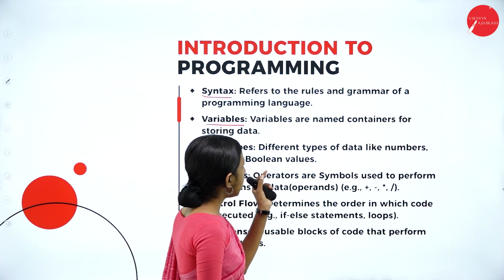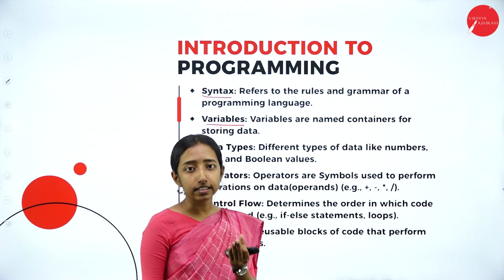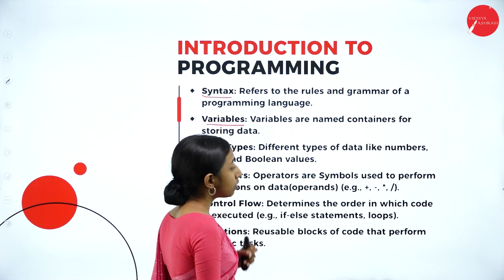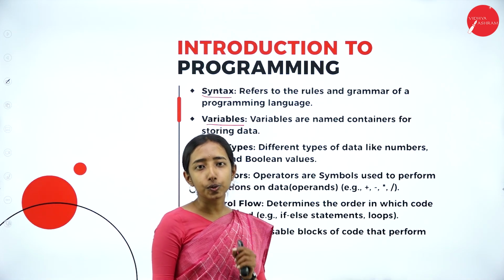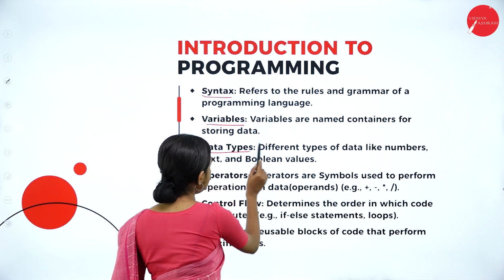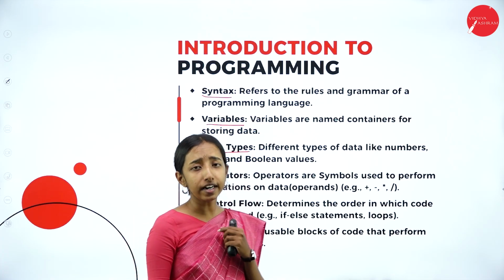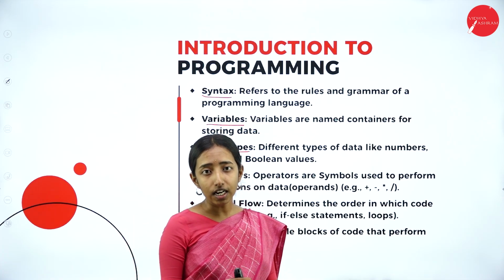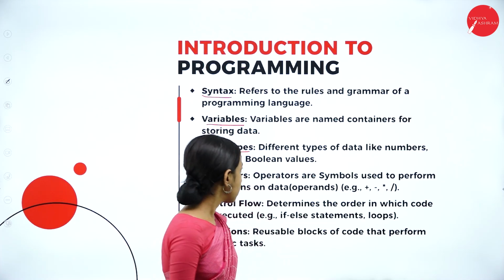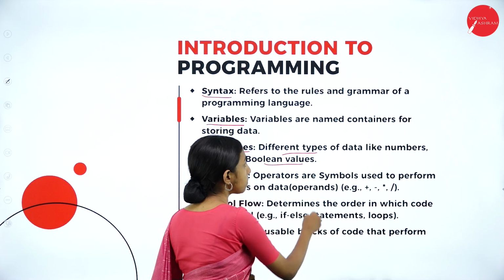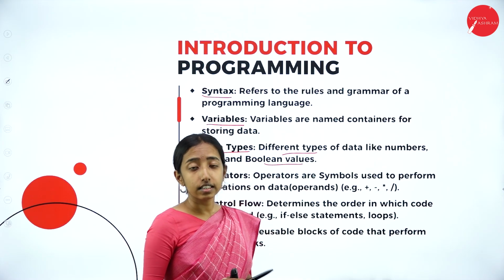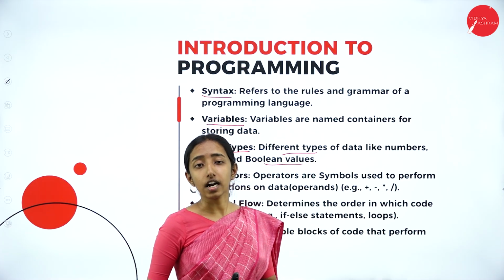Variables are named containers that are used to store data. Next, we have data types. There are different types of data available in a programming language, like numbers, text, boolean values, char, string.